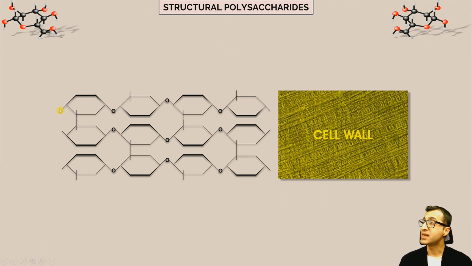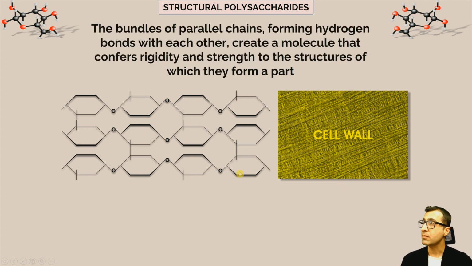So here we can see adjacent chains next to each other, and here a micrograph of a cell wall where we can see the individual cellulose fibres laid across each other, parallel to each other, and also in layers like this. So the bundles of parallel chains forming hydrogen bonds with each other create a molecule that confers rigidity and strength on the structures of which they form a part.